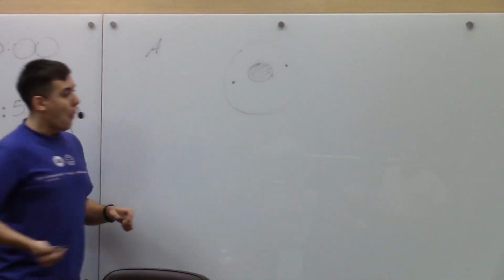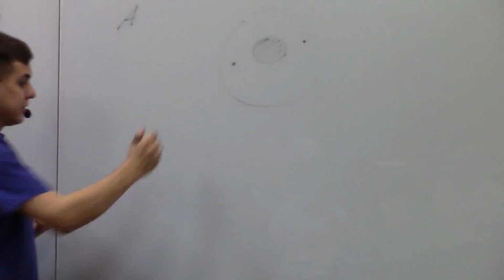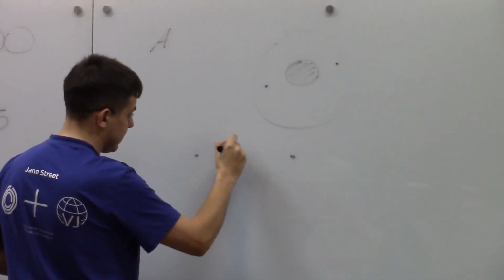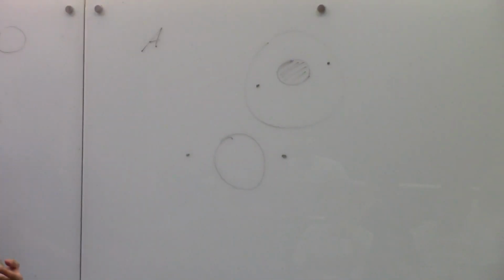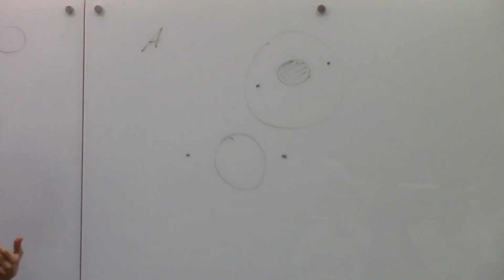So what is the solution on a 2D plane? Well, if we have 2 points and a circle, the optimal solution is, well, either you go straight ahead to your final destination, right?